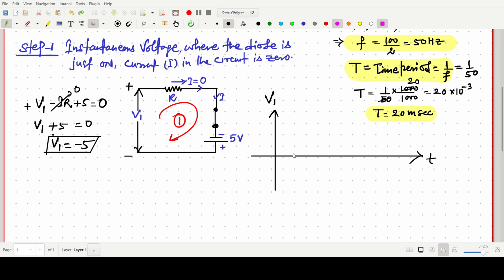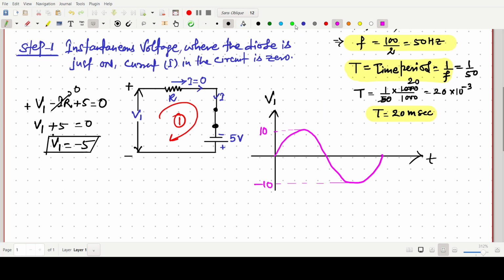This is some sinusoidal signal. This peak value is 10, and this value is minus 10, and this level is V1 equals 5.